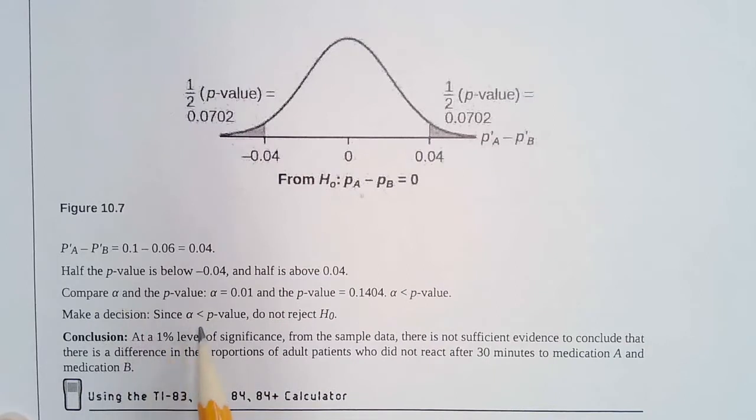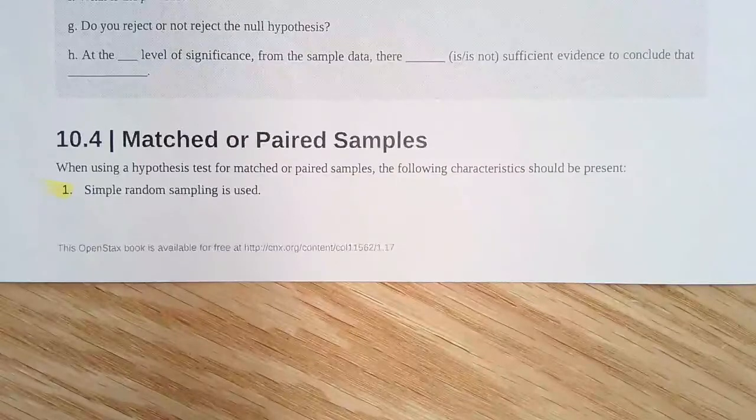Oh, I used the wrong one. So at 1%, we do not reject the null. At a 1% level of significance from the sample data, there is not sufficient evidence to conclude that there's a difference in the proportion of adult patients who did not react after 30 minutes to medication A and medication B.